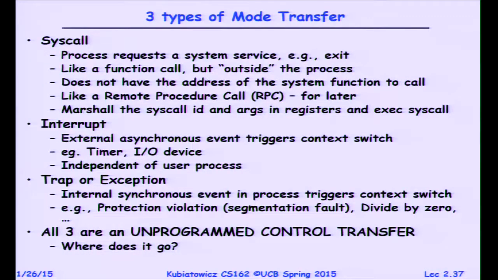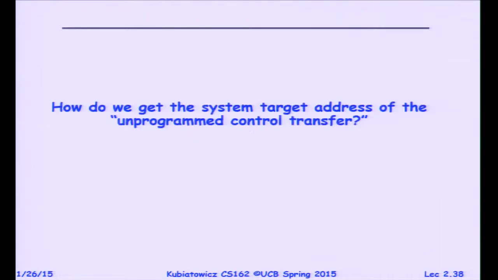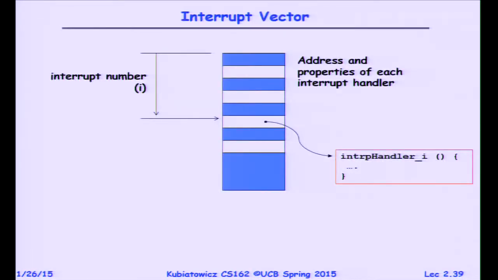All 3 are unprogrammed control transfers. So the question you might ask is, well, how do we get the gate aspect I just mentioned, control into the kernel? And the answer is, for instance, with interrupts, there's typically a portion of the memory in the operating system called the interrupt vector. That interrupt vector takes the type of interrupt, like for instance the timer interrupt, and in hardware that causes the processor to look up an address of an interrupt handler in the operating system and start executing there.